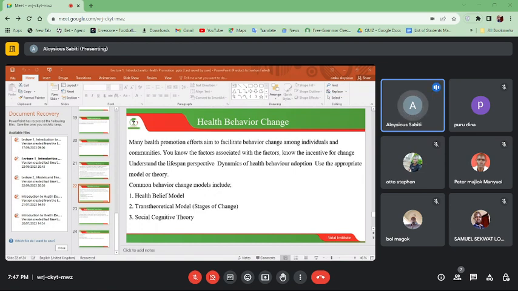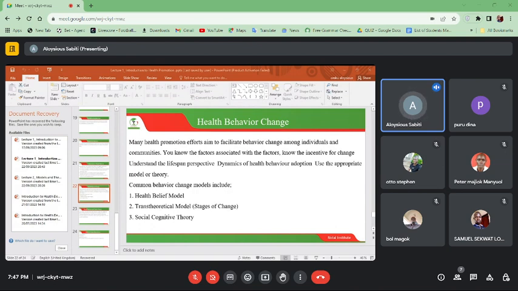So just to dive into the gist of the matter, it is very important that we understand what a theory is. In this regard, a theory is a set of interrelated concepts, definitions, and propositions that present a systematic view of events or situations by specifying relations among variables in order to explain or predict the event or situation.